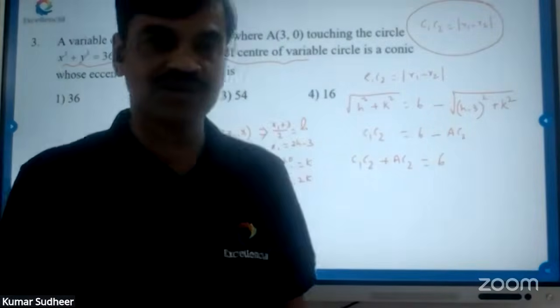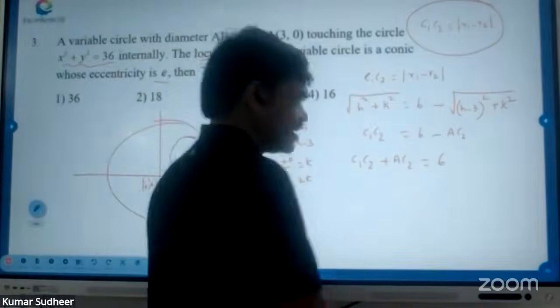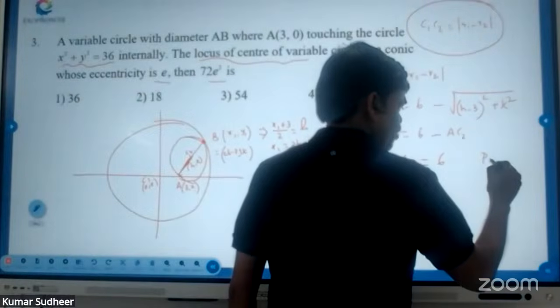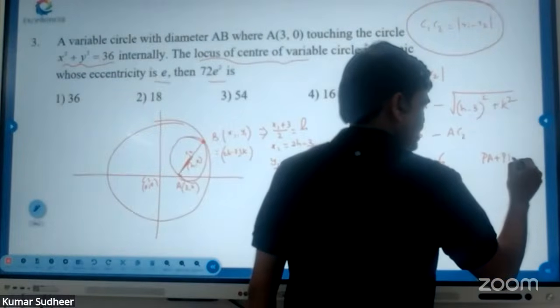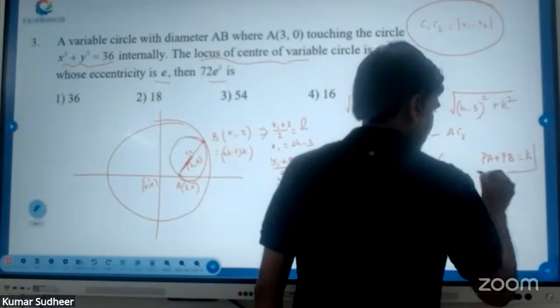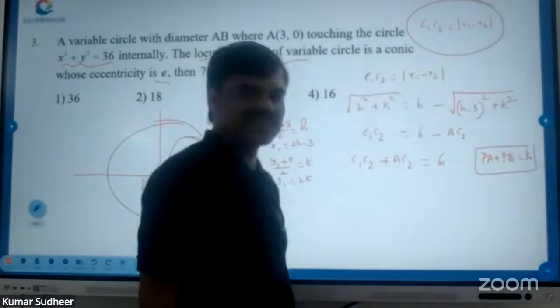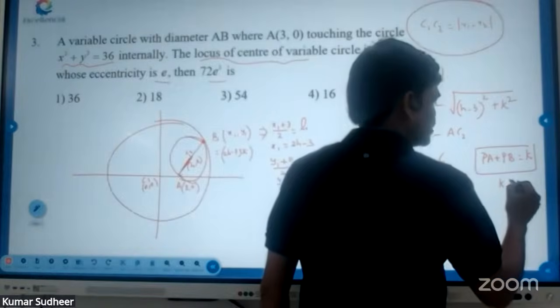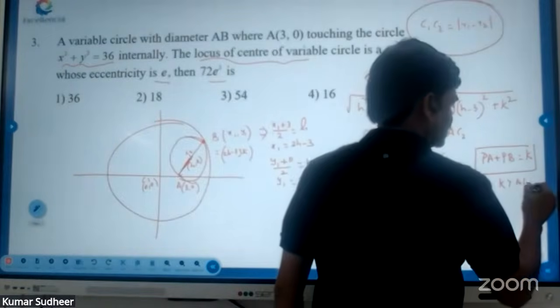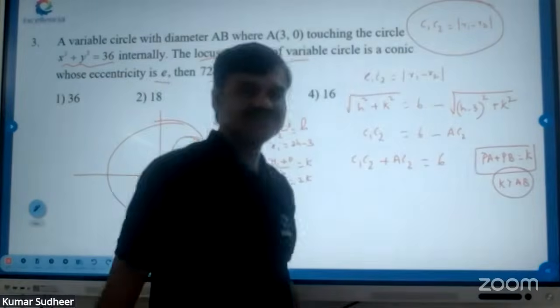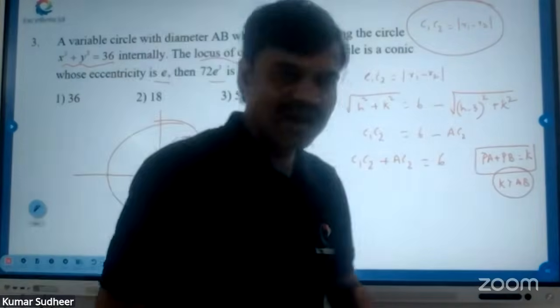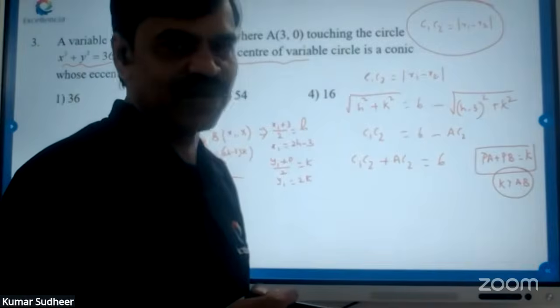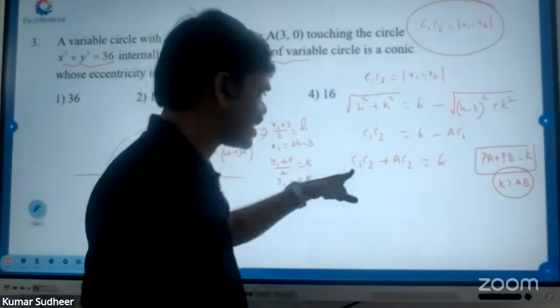All of you could have got the idea. From here, it is understood that if P is a variable point and PA plus PB is equal to K, then the locus of P is an ellipse, whenever this K is greater than AB. In that case, A and B are the foci of the ellipse.